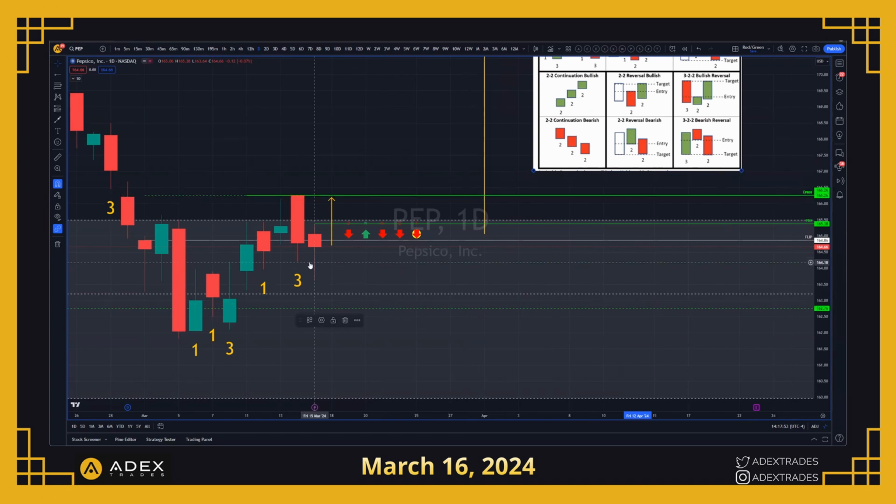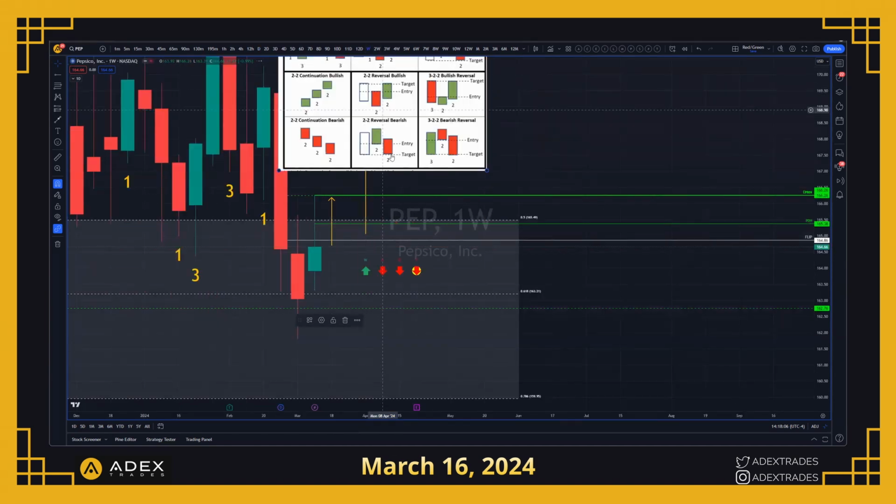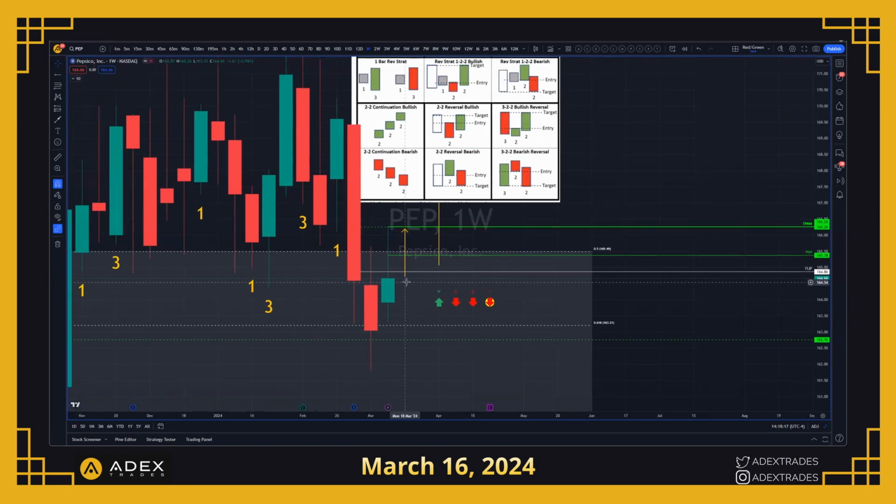So if Pepsi triggers a 322 reversal on the day and it gets to target, you will be triggering a 2-2 continuation on the weekly chart, because that target for the day happens to be the 2-2 continuation on the weekly chart off of OTE.